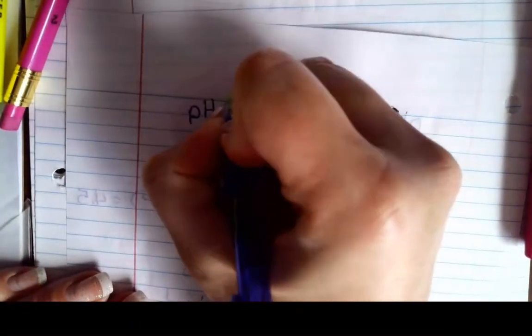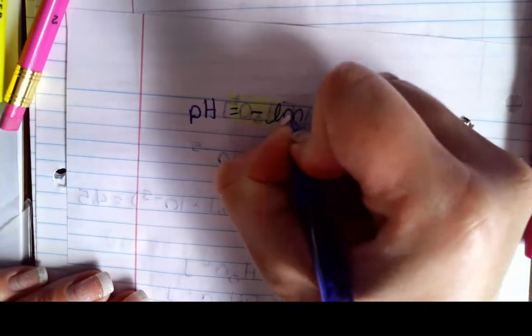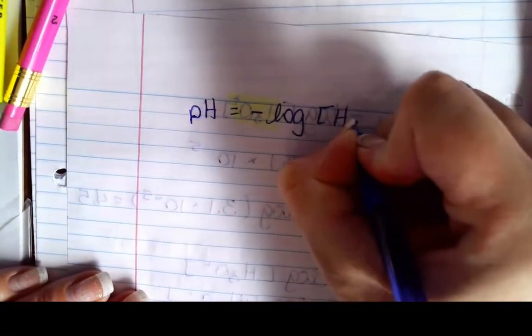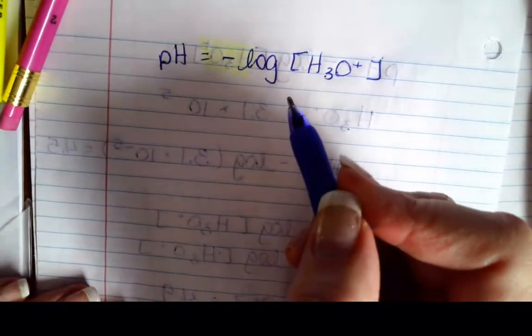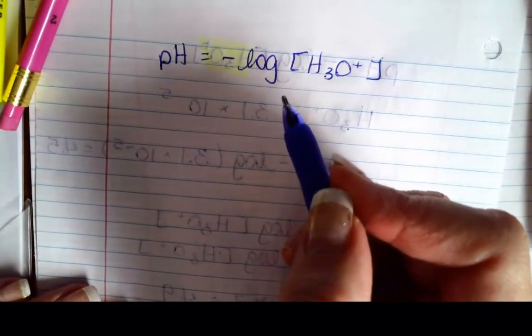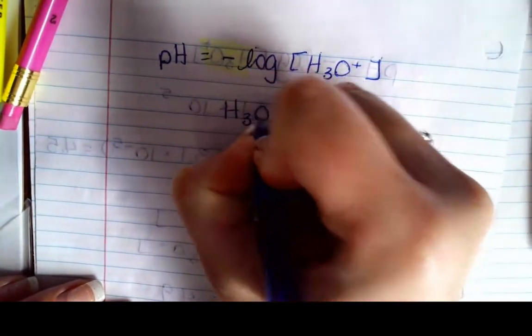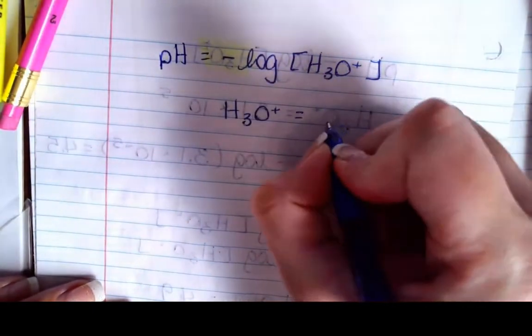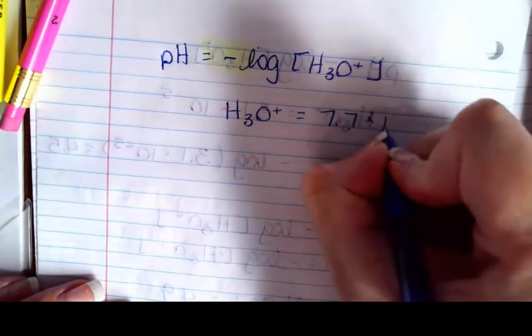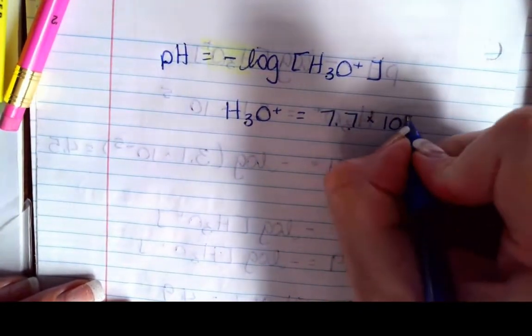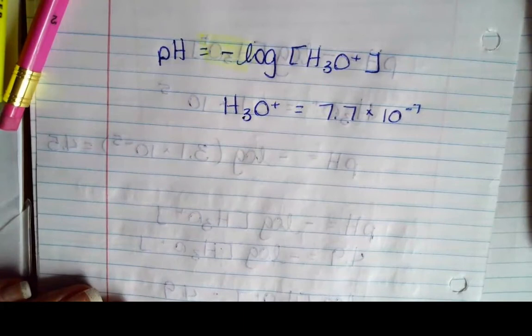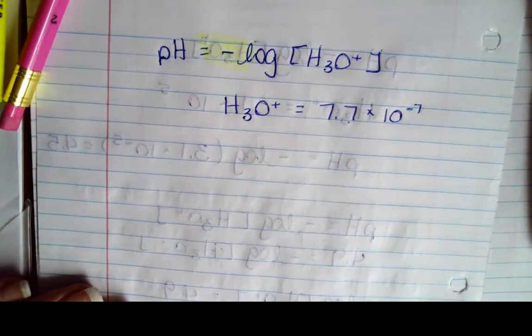My pH is once again a negative common log of the positive hydronium ion concentration, which I'm given as 7.7 times 10 to the negative 7 moles per liter. Is it a rich fen, a poor fen, or a bog?